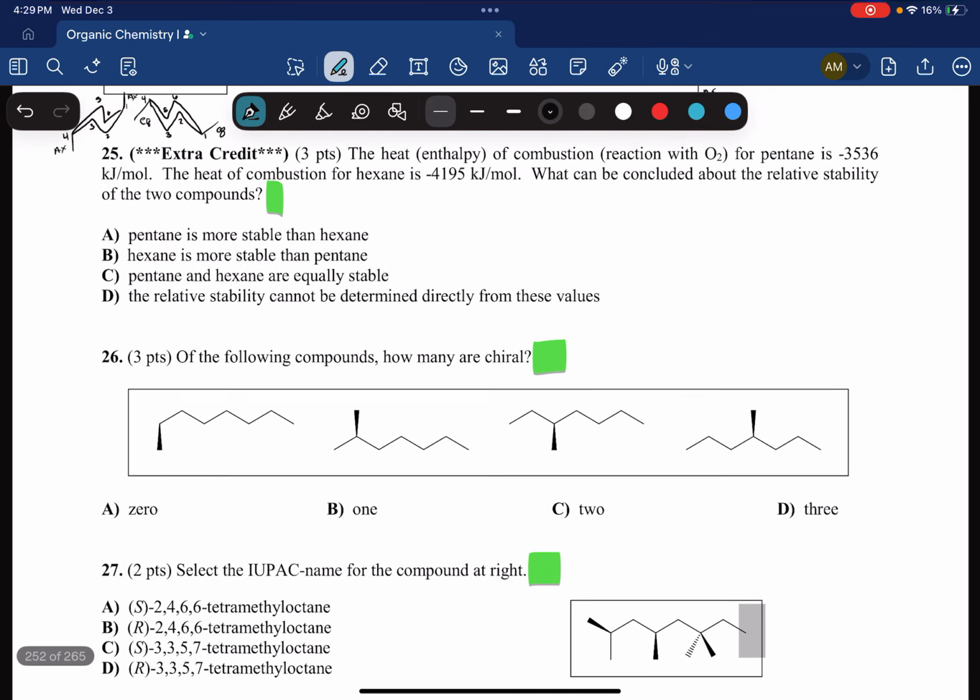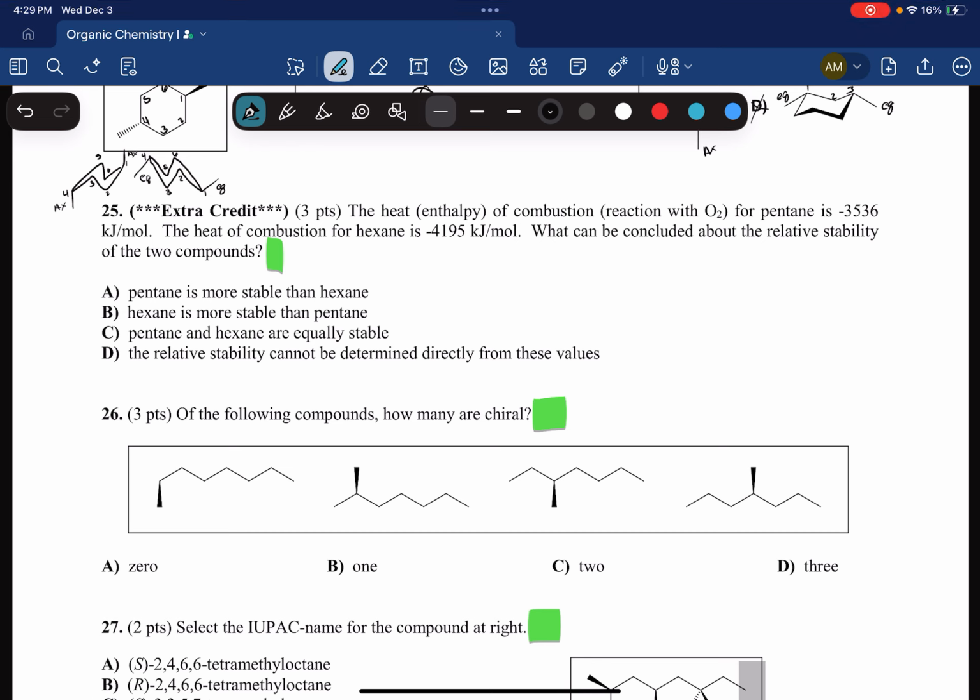Okay, heat enthalpy, what can be concluded about the relative stability of the two compounds? Heat enthalpy and the stability of the compounds.